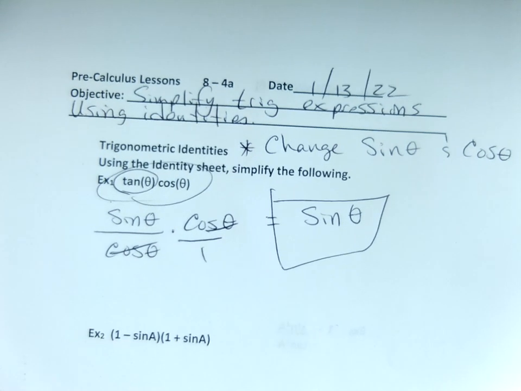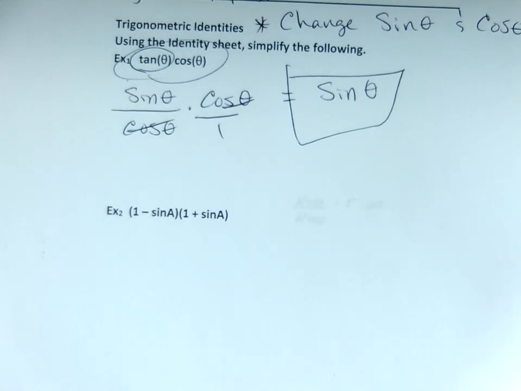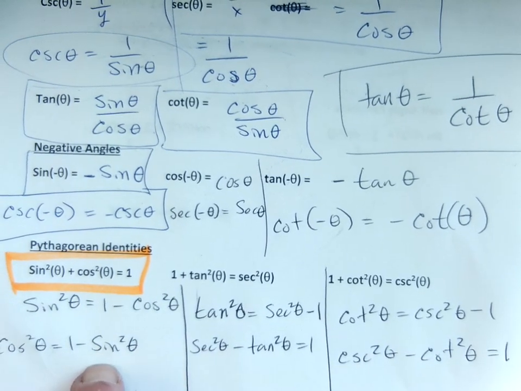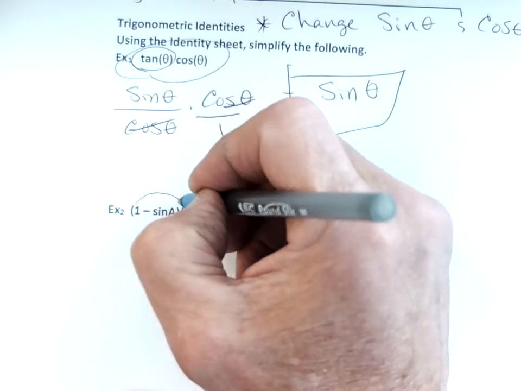So example 2 is going to take a little bit of multiplying. So let's try and simplify it first. There is no 1 minus sine, but there is a 1 minus sine squared, right? So I can't really use anything yet, but I'm just going to multiply. I go that times that.